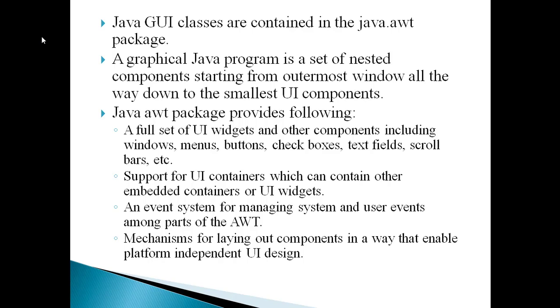An event system for managing system and user events among parts of the AWT. A mechanism for laying out components in a way that enables platform independent UI design. Laying out means components are placed on a window in a particular manner, and that is done by this mechanism. Some mechanism is required.